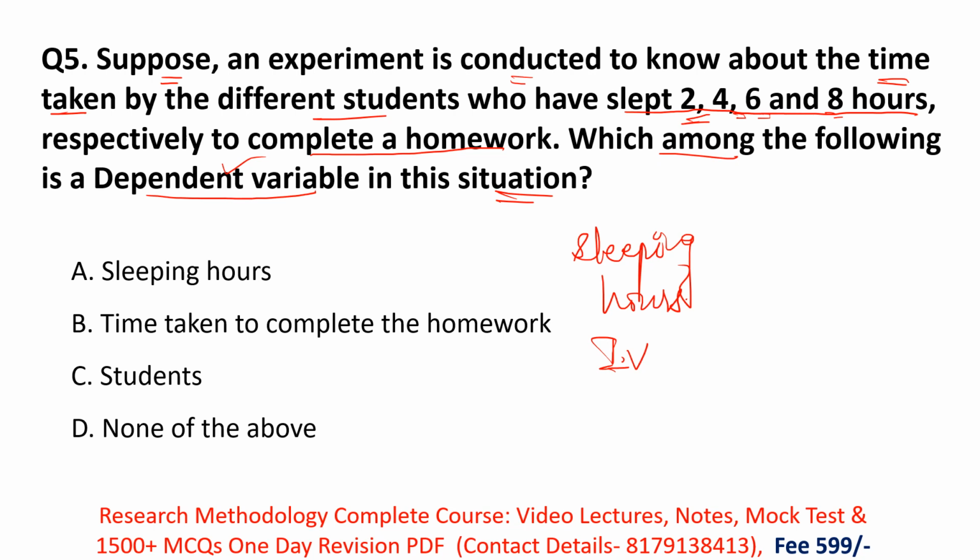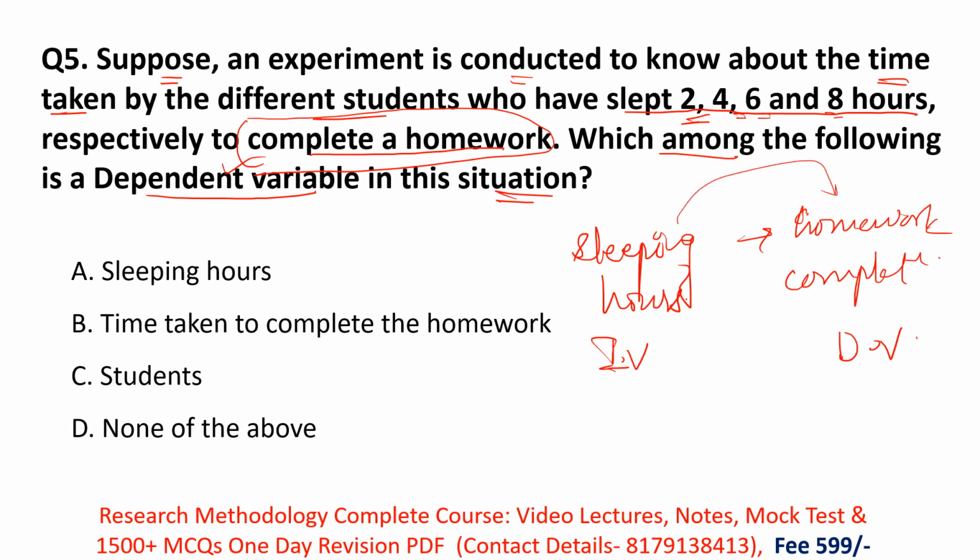And what are they measuring in their experiment? They are seeing how the students complete their homework. So homework completion here is the dependent variable, because they are changing the sleeping hours of the students and seeing the effect on homework completion.